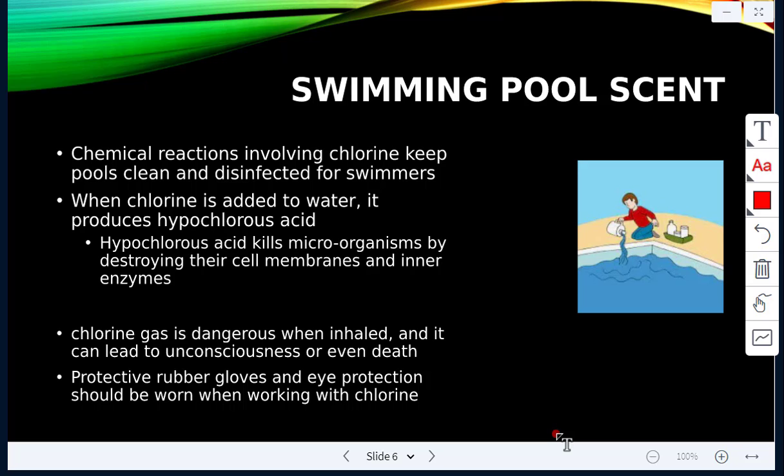Just keep in mind, chlorine gas will have WHMIS symbols on it because it is dangerous when inhaled. It can even lead to unconsciousness or even death. So people that work with chlorine have to protect themselves, wearing protective rubber gloves and eye protection.